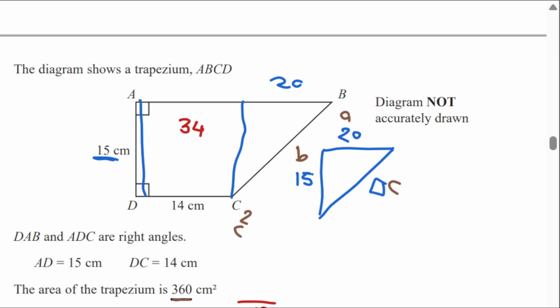Pythagoras says C squared is equal to A squared plus B squared, isn't it? Now we're looking for C, so C squared is equal to 15 squared plus 20 squared.